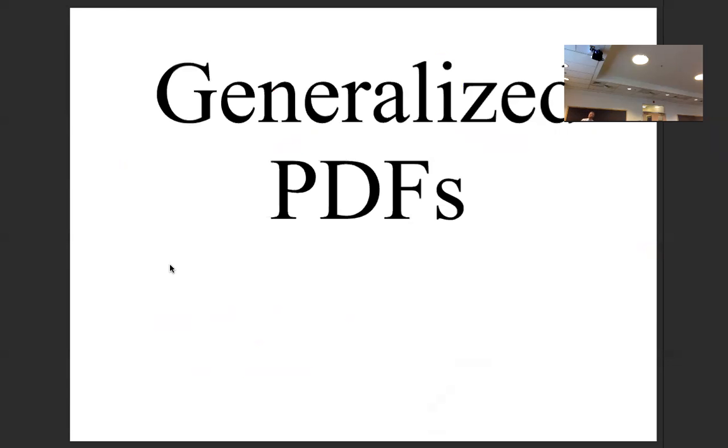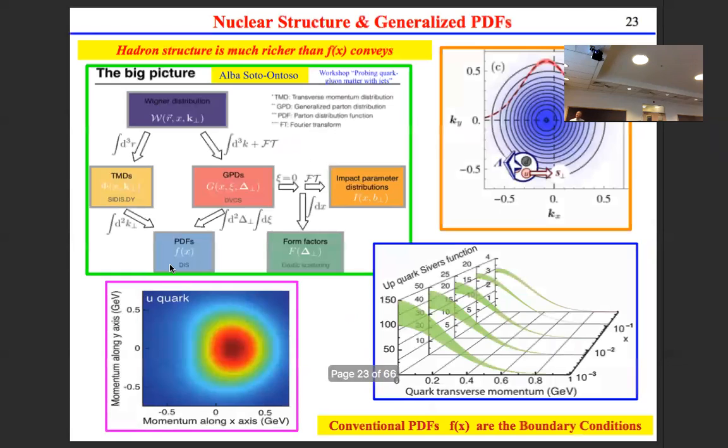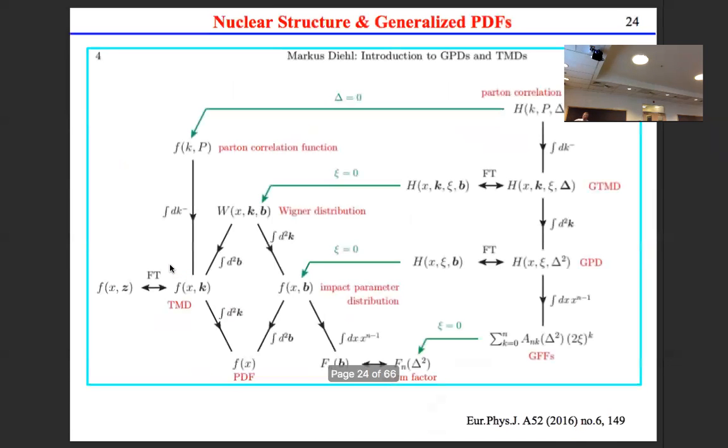So very briefly, we've heard a lot of generalized PDFs before, and I guess there are some afterwards, that I found very instructive and learned quite a bit. And so again, on the PDF side, this really serves as a boundary condition. Ray showed this, but here's the normal PDF, and then the relationship between those.